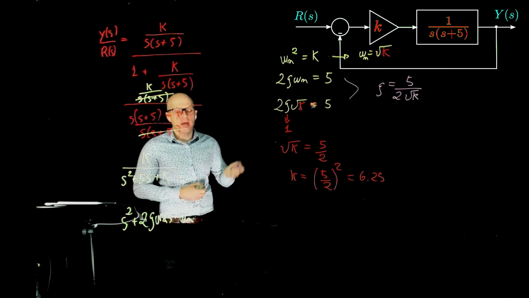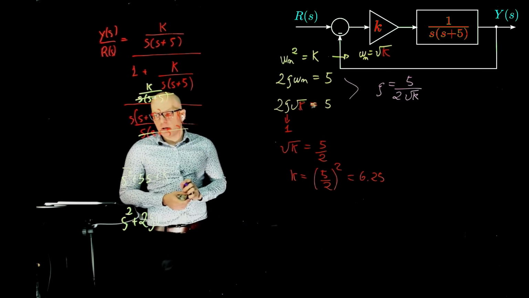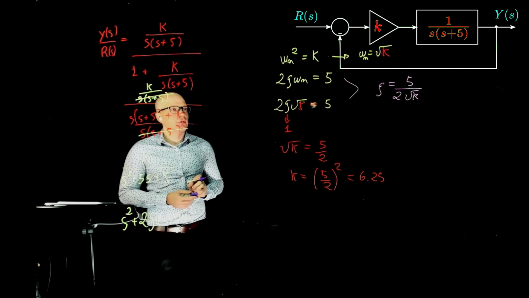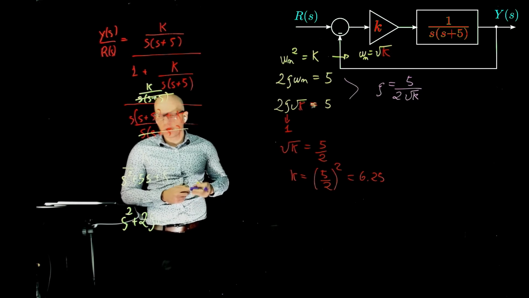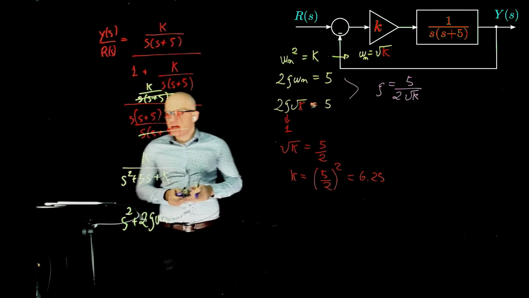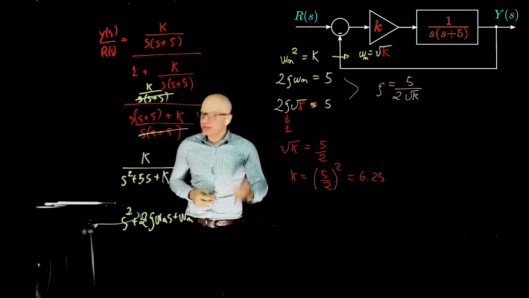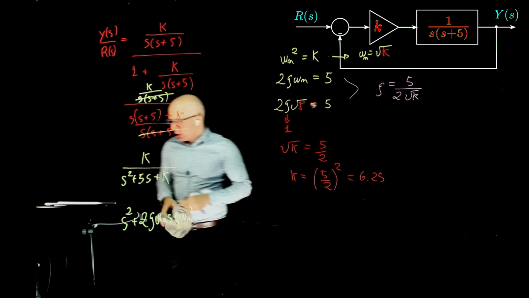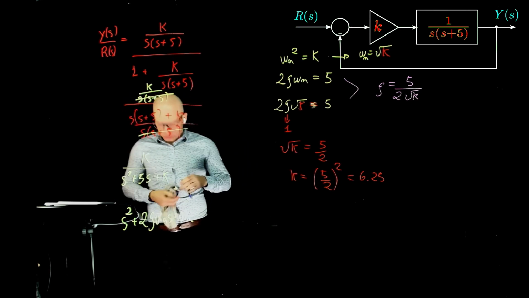So the greater k, the smaller the damping ratio. Right? So we need to go smaller, lower than 6.25. And if that is the case, then the system has a damping ratio of at least 1 or higher, and there is indeed no overshoot.